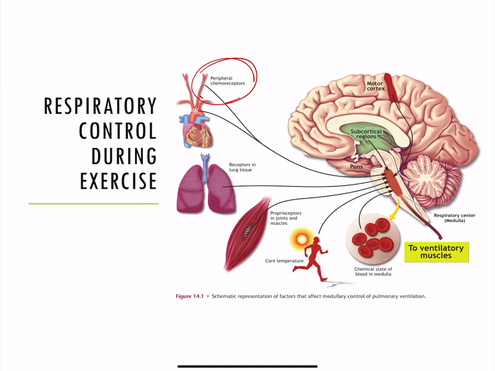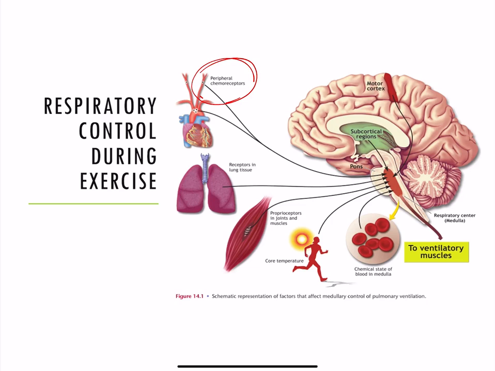So peripheral chemoreceptors are sensing the chemical state of the blood, so drops in oxygen, elevation in carbon dioxide, acidity, changes in temperature can all be dictated and change ventilation. At rest, carbon dioxide is the most important. That's actually what stimulates our breath, is our need to clear CO2 rather than big drops in oxygen.